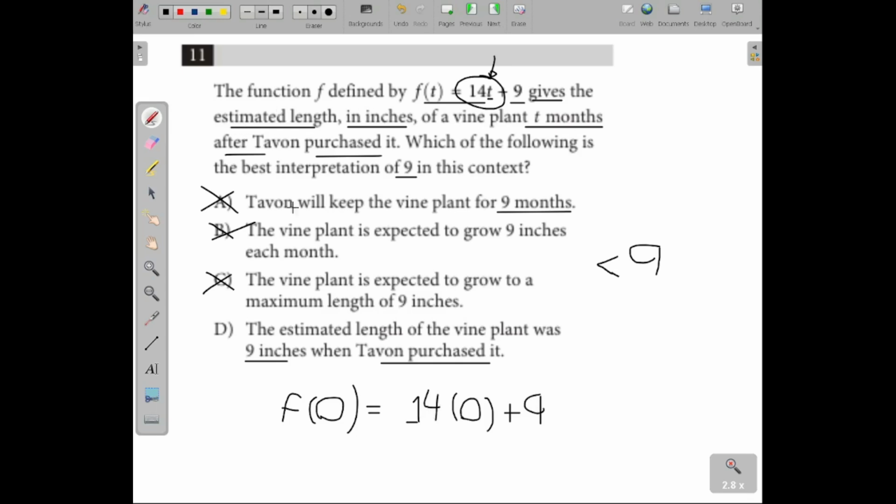So the estimated length when this vine was purchased would be equal to 14 times 0 plus 9.